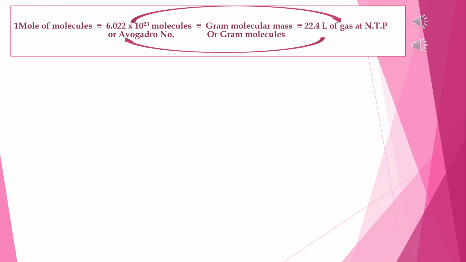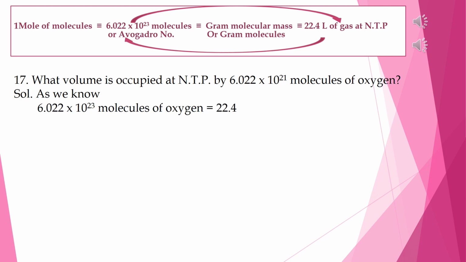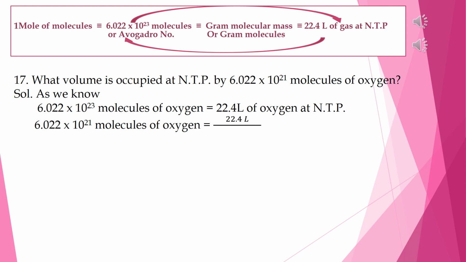So in 17th numerical, what volume is occupied at NTP by 6.022 into 10 to the power 21 molecules of oxygen? As we know, Avogadro number of molecules of oxygen is equal to 22.4 liter of oxygen gas at NTP. So 6.022 into 10 to the power 21 molecules is equal to how much volume? That comes out to be 0.224 liter.